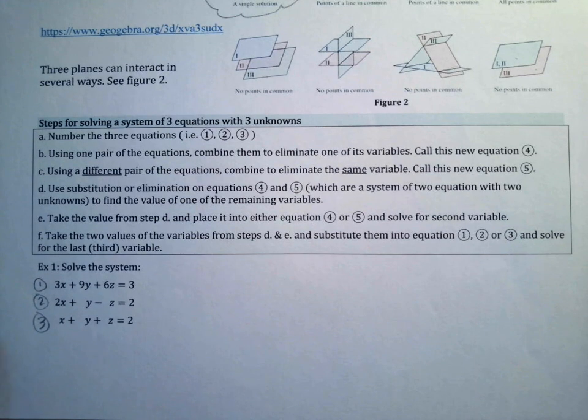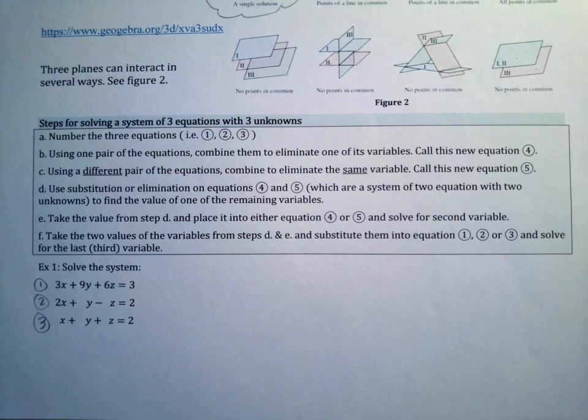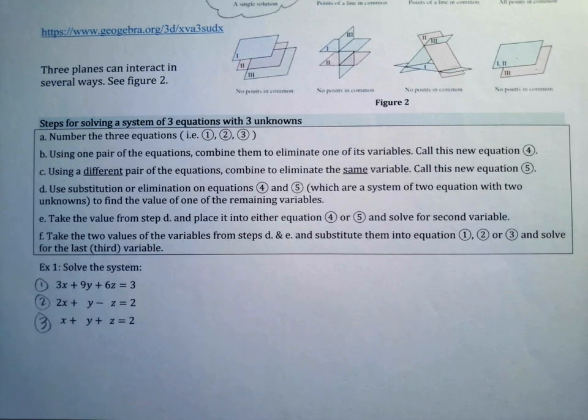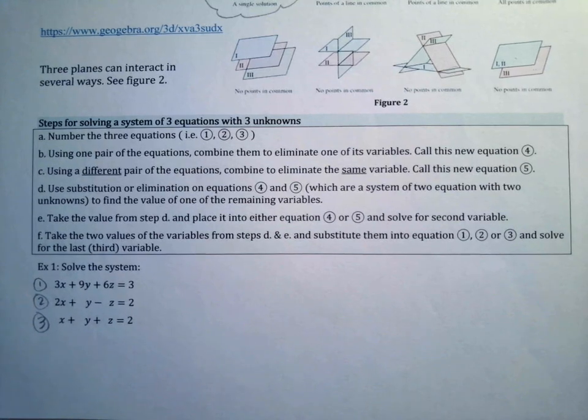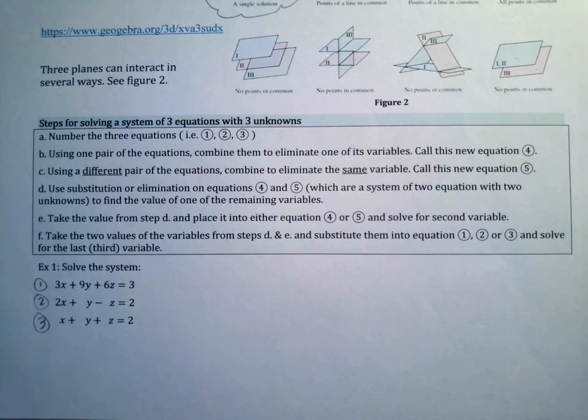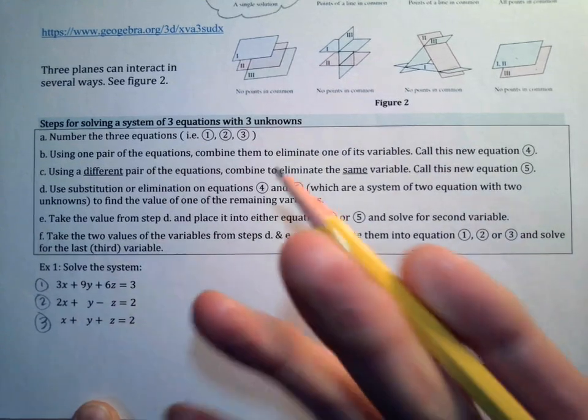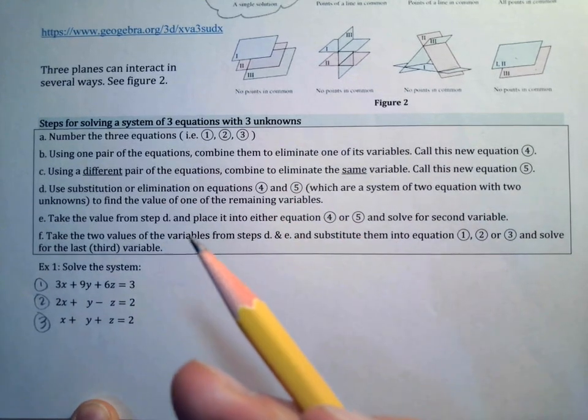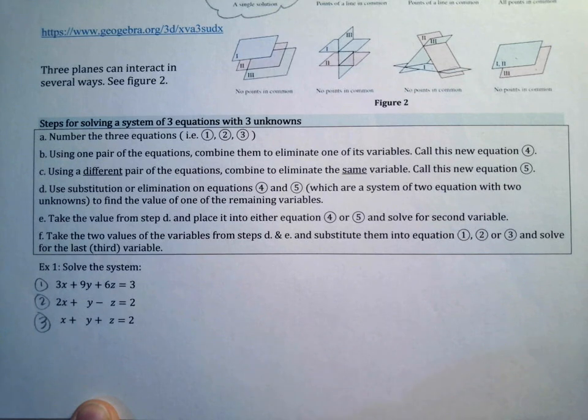Now I want to take two of the equations and manipulate them algebraically, one or the other of the two equations, and make one of the coefficients the same but opposite. That's going to allow me to eliminate that one variable. I'm going to use 2 and 3.